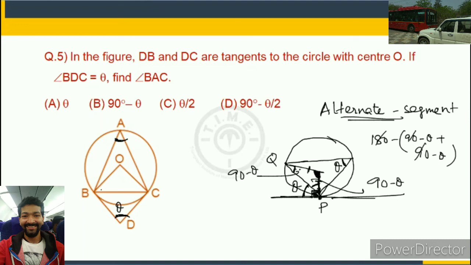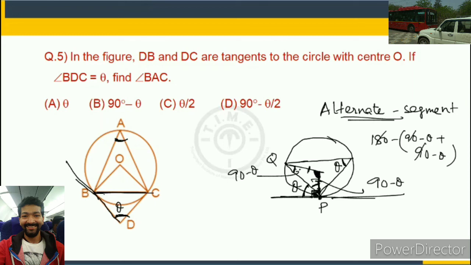Now applying this alternate segment theorem here, please pay attention, all of you. This is a chord which is touching the circle at a point where the tangent touches the circle. So basically this is a tangent. Let's extend this. At this point where the tangent touches the circle, you have drawn a chord.